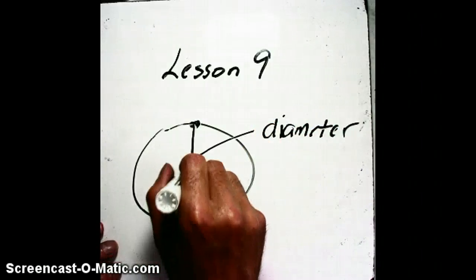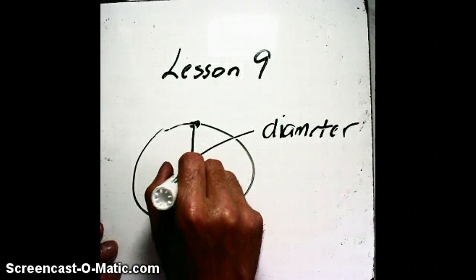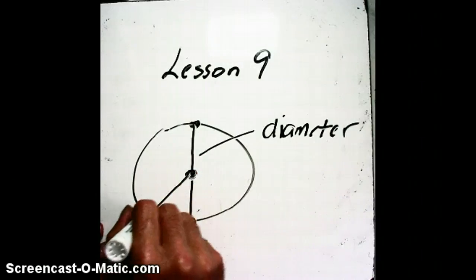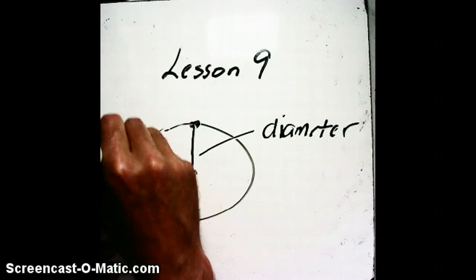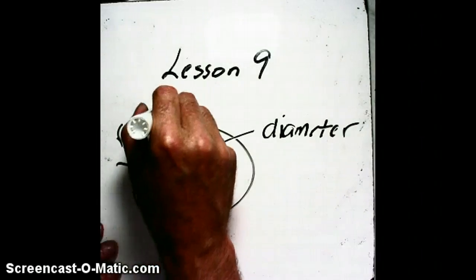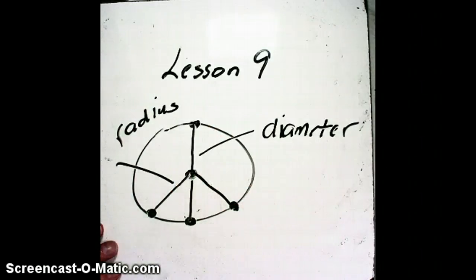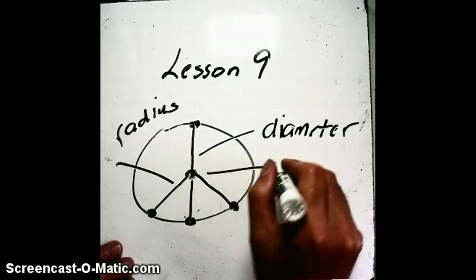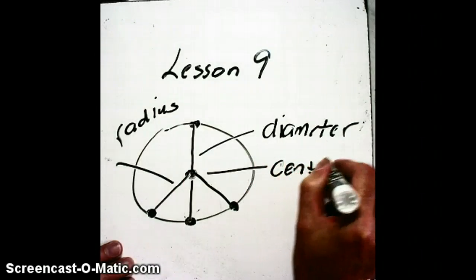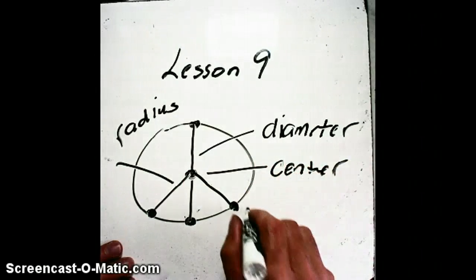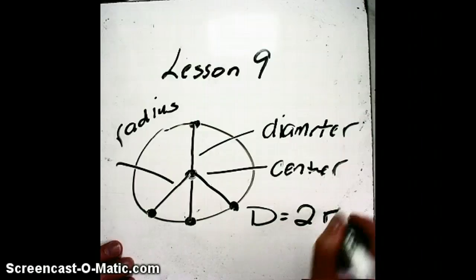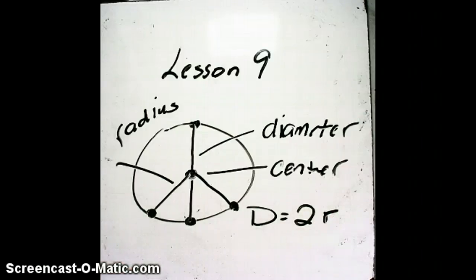Now, what is the name of the segment that goes from the center to a point on the circle? Okay, that is radius. That would be a radius. So that's the idea of a circle. And remember, this is a center. And the diameter is equal to twice the radius, or twice the length of the radius. So there's some basic information there.